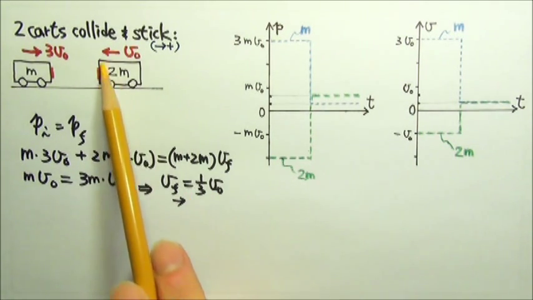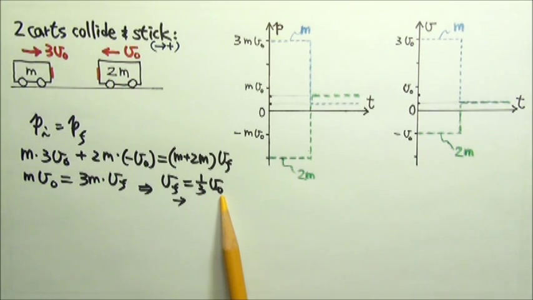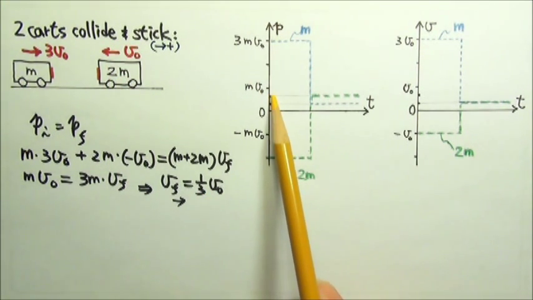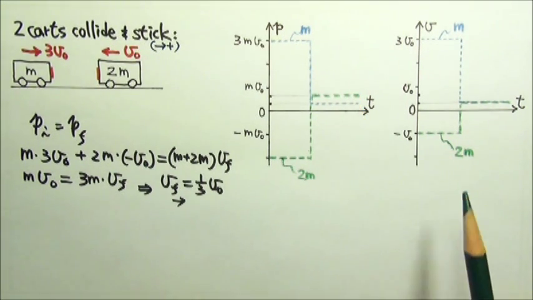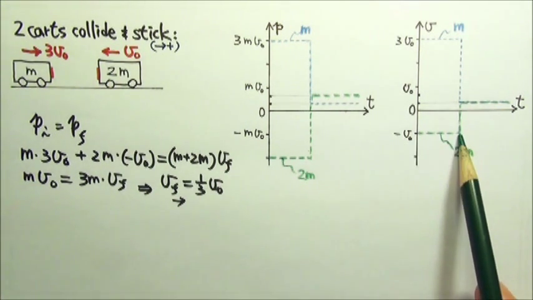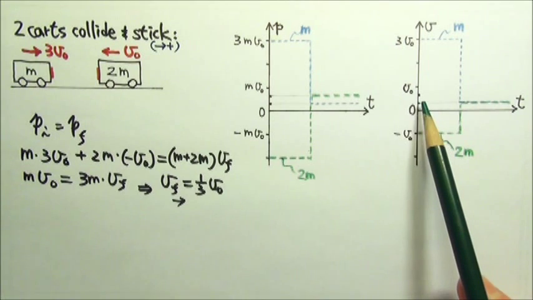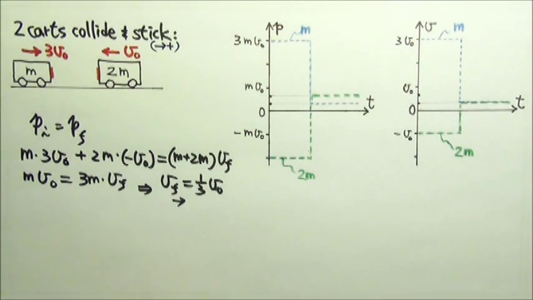So the momentum is mass times the velocity, 2m times 1/3 v0, that would be 2/3 m times v0. For 2m's velocity, initial velocity is negative v0, final velocity is the same 1/3 v0, same as the 1m.